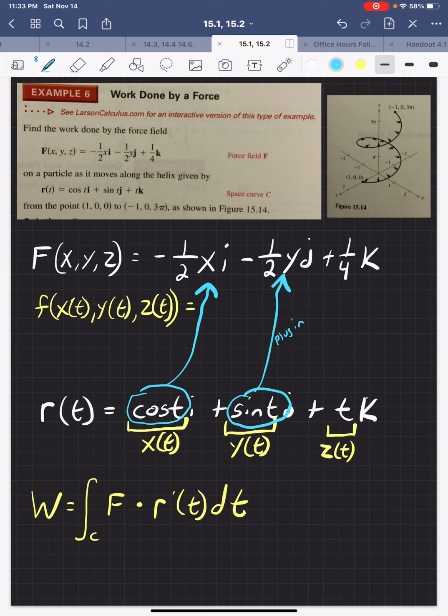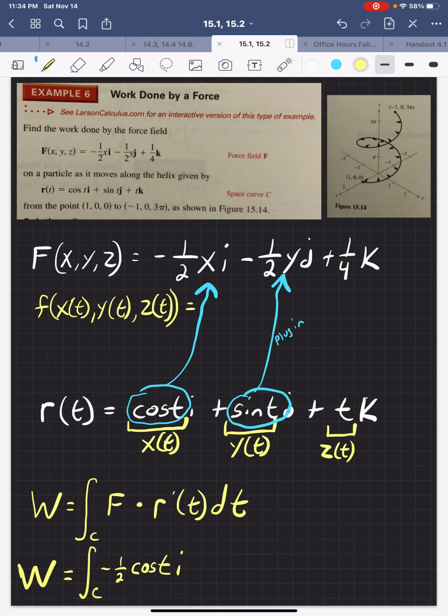All right, so let's build. We'll go ahead and start to build our work function. So we got the line integral of c. Once I've started that substitution process, that's now going to be negative 1/2 cosine of t, i direction.